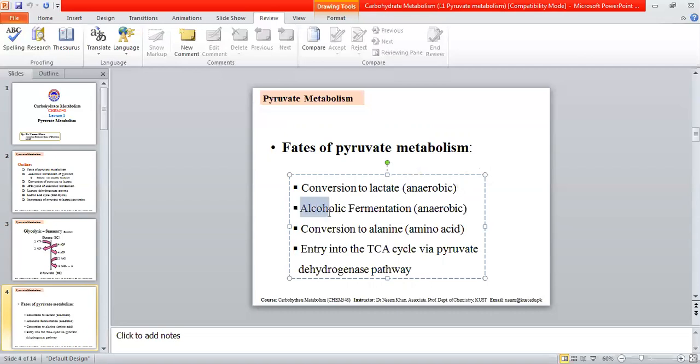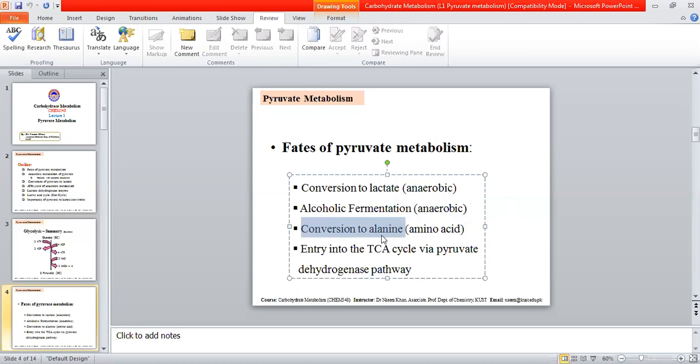Next one is the conversion of pyruvic acid to alcohol, which is also known as alcoholic fermentation. And this is also an anaerobic mechanism. The third well-known route is the conversion of pyruvic acid to alanine.